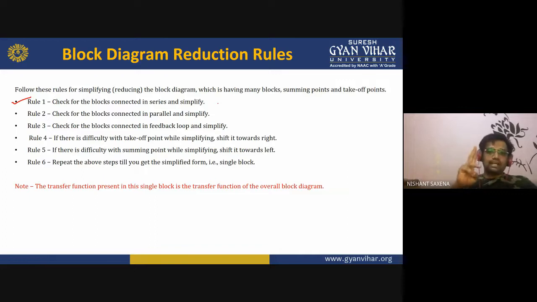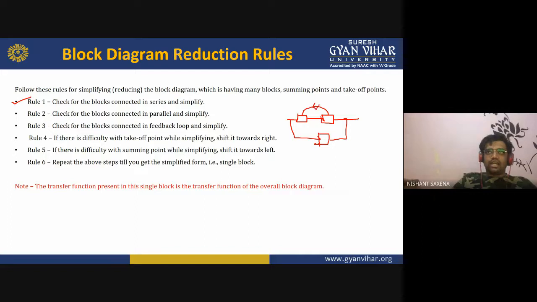The second rule is to check for the blocks connected in parallel, where no other block is there between these two. For example, if you are having one block over here and another block over here, and both of these are connected in parallel with another block, then we have to first apply rule number 1.